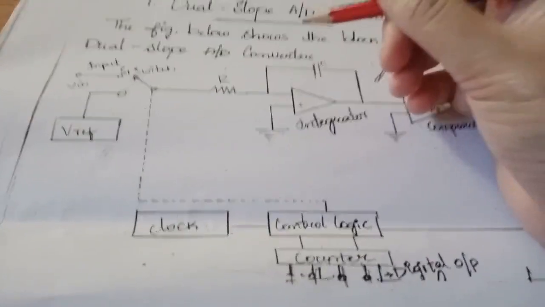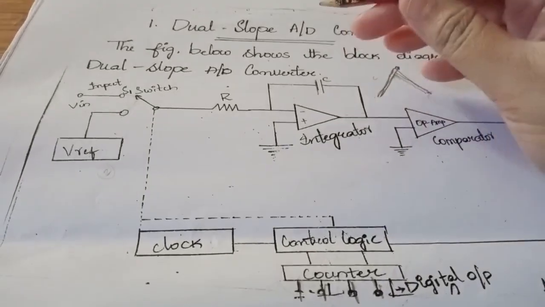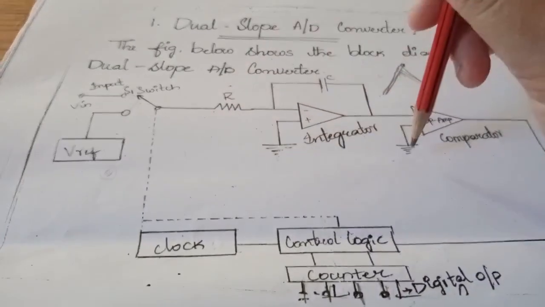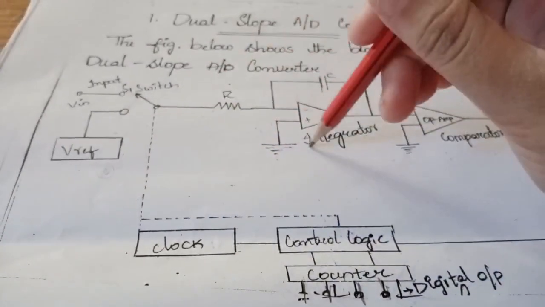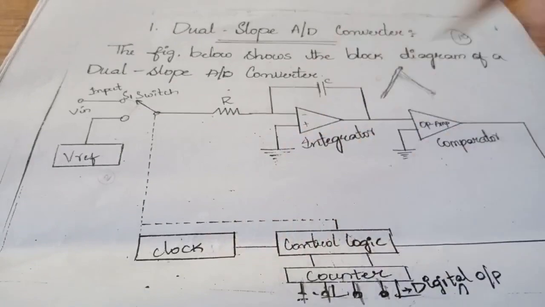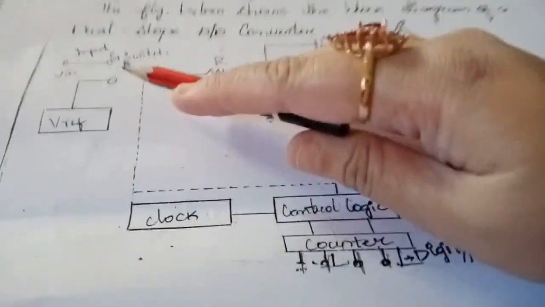Okay, so once again, the dual slope A to D converter is shown in the figure below. It consists of different blocks: switch, integrator, comparator, control logic, counter, and clock. Now first, the operation.